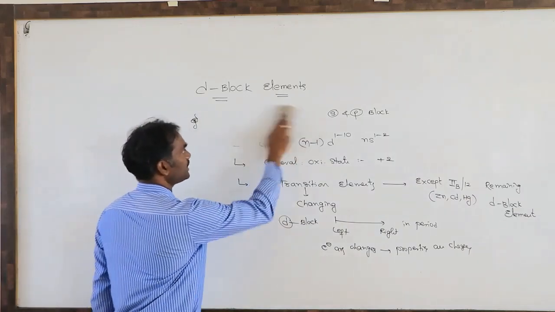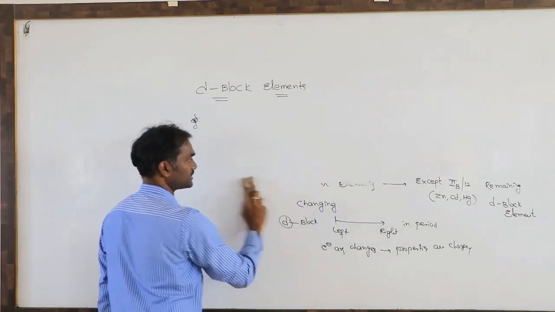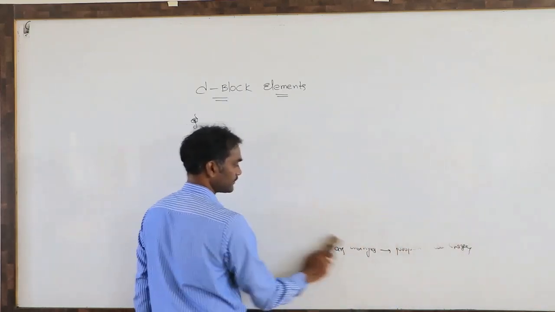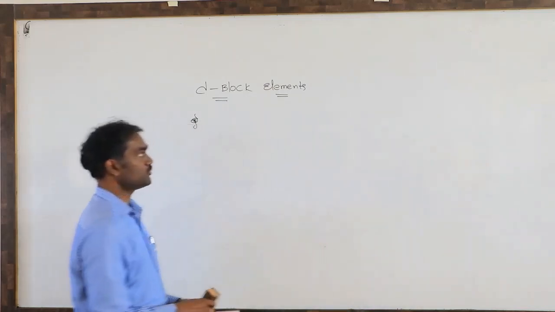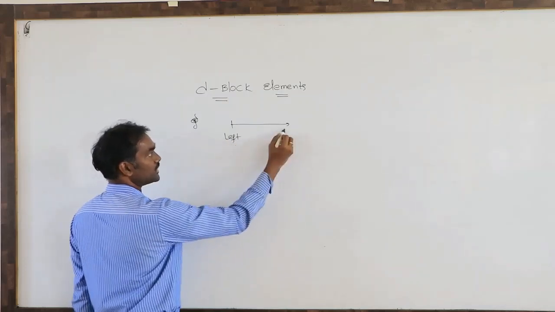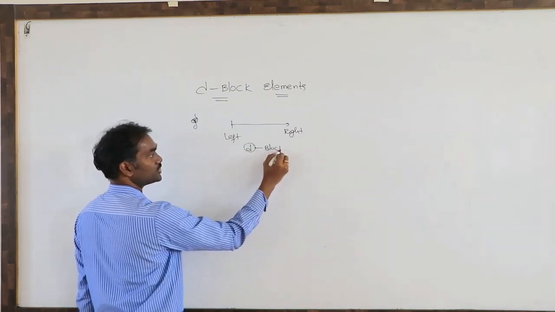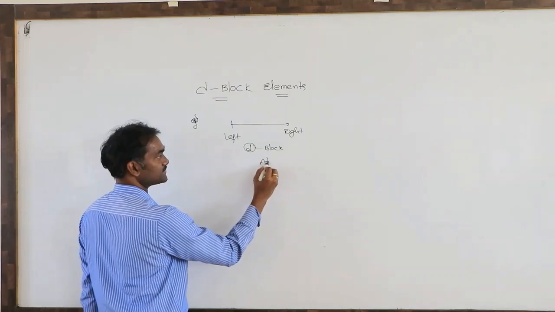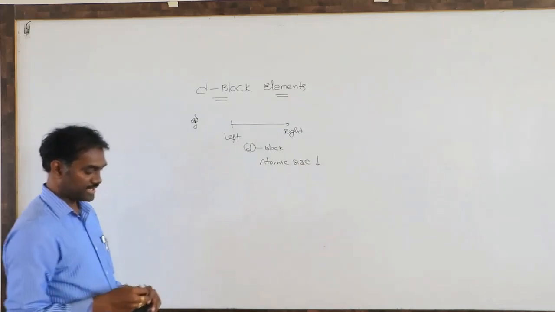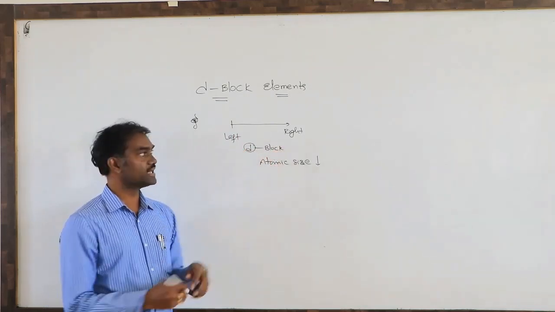Next, suppose we are going left to right, what happens to all properties? So general properties. If we are moving left to right in a period, in the D block, atomic size decreases, because D block elements we studied in the form of periods.